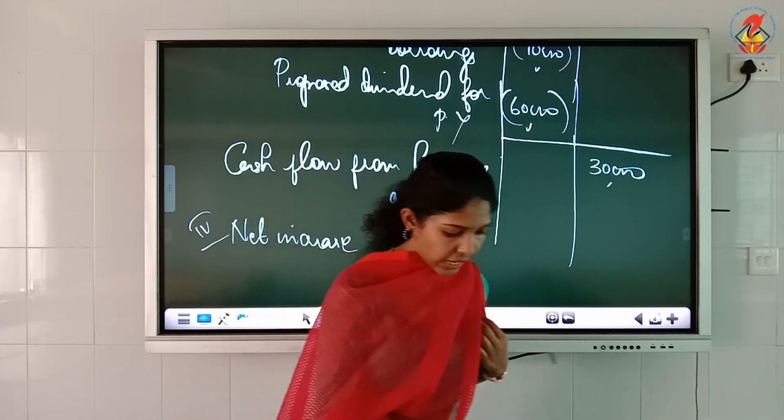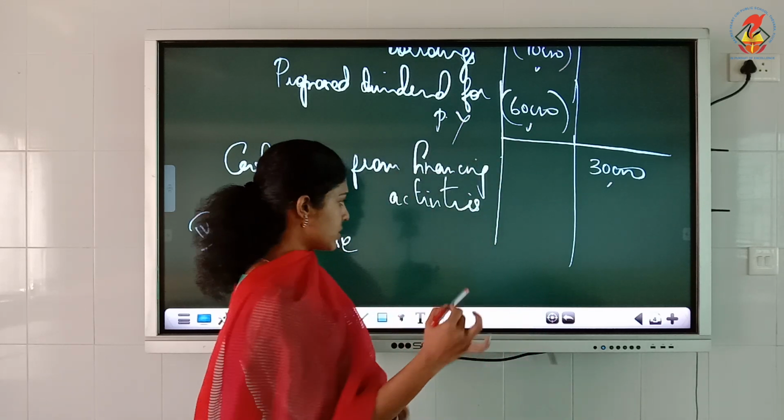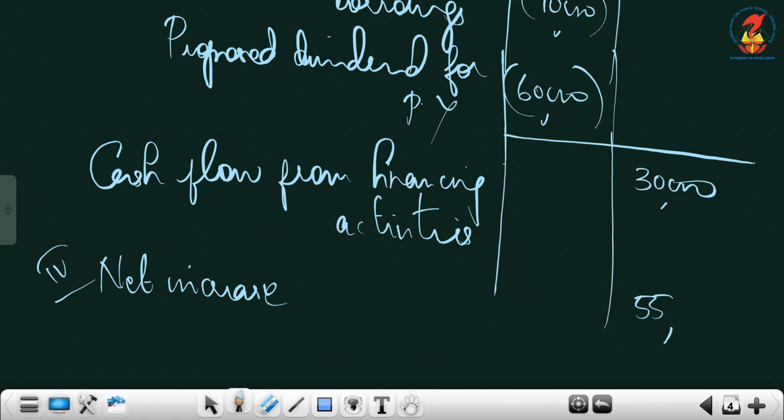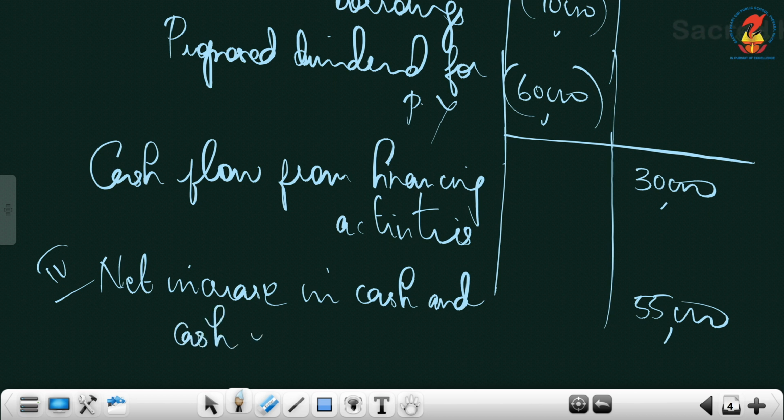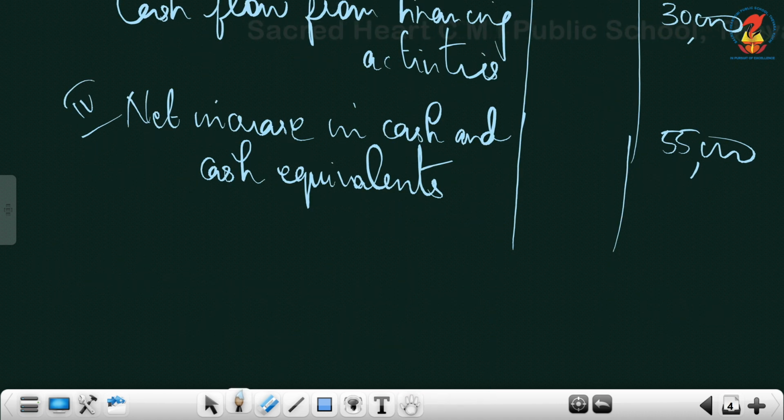So when you add all three figures, you are getting a positive amount like 55,000. Since it is a positive amount, you can write it as net increase in cash and cash equivalents. In the outer column you can write the figure, that is 55,000.